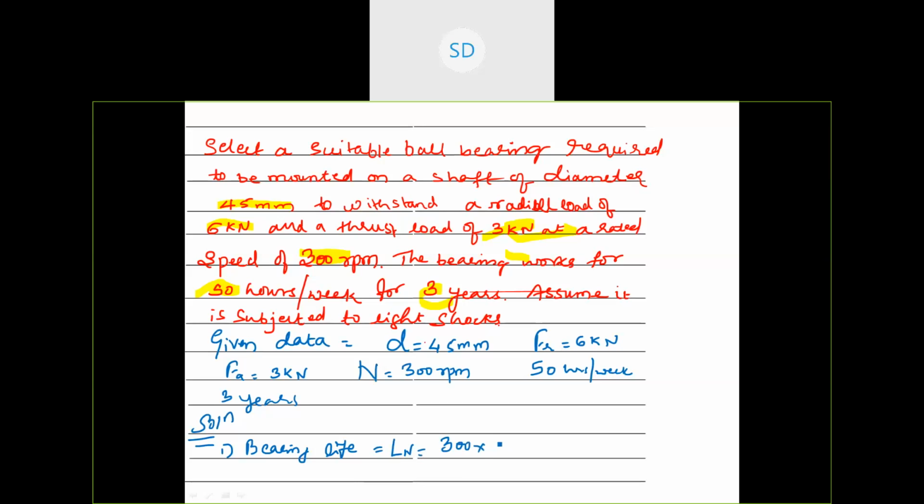It is going to work for 50 hours per week, and per year you get 52 weeks, and the number of years is 3. You need to get the life in revolutions. Per minute you have 300 revolutions, for 60 minutes you multiply by 60, and now divide by 10 to the power of 6. Someone calculate and provide the answer here. How much are you going to get?